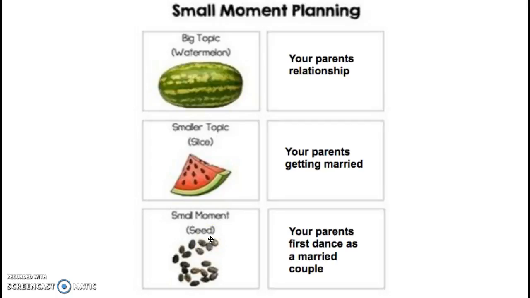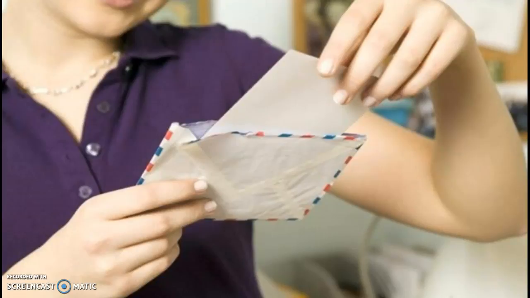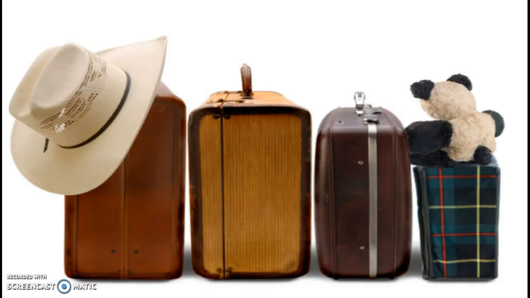I'm going to give you some examples of other small moments so you have an idea of what you might want to work with. For example, it could be your mom receiving a letter in the mail saying she's been accepted into the university of her choice. It could be your grandma packing her bags in order to move to New York City to start a new job.